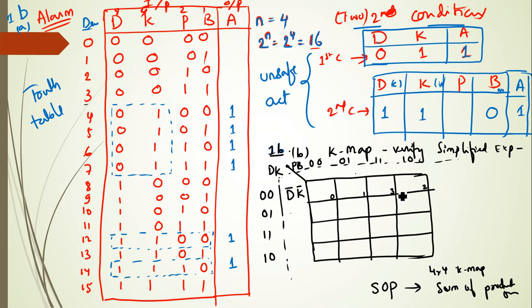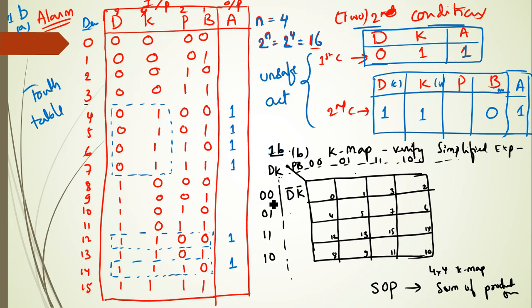Then 0, 1, 2, 3, 4, 5, 6, 7, 8, 9, 10, 11, 12, 13, 14 and 15. This is how you draw the table.